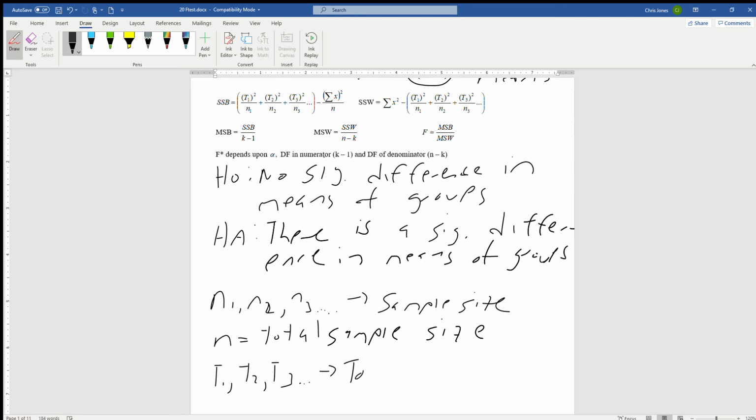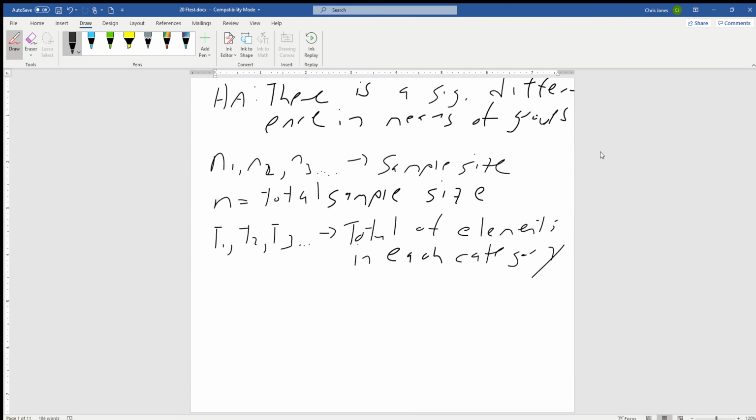So we call those the total of the observations in the categories. And then of course we have a total of the totals, and we're going to call that the sum of X. So sum of X is the sum of all observations. The other variable we need is K, and very similar to the chi-square test, K is the number of categories.